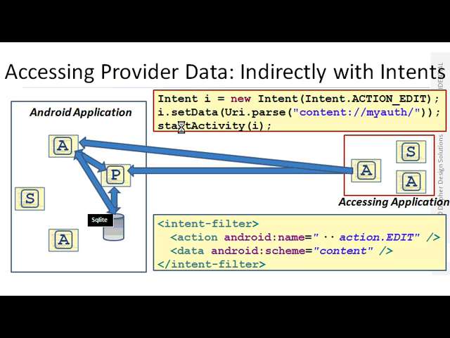So the left rectangle is the Android application that is going to share its data, and the right side is the application that is going to use that data. We specify the URI of that data in the action, in the intent object, and you must specify the intent filter. As we know, the intent filter is just used to match the application to the intent object.